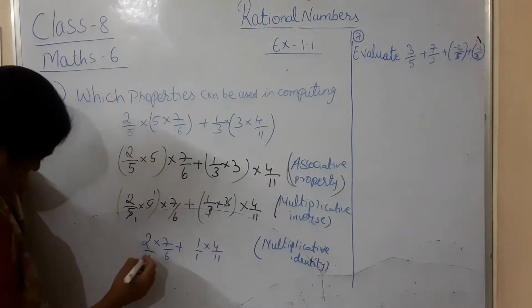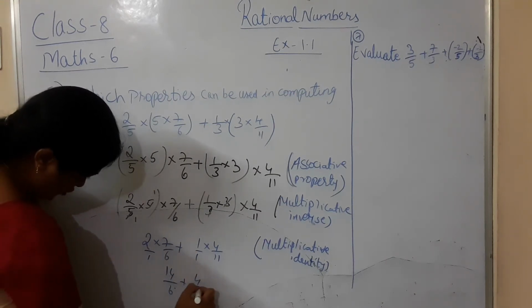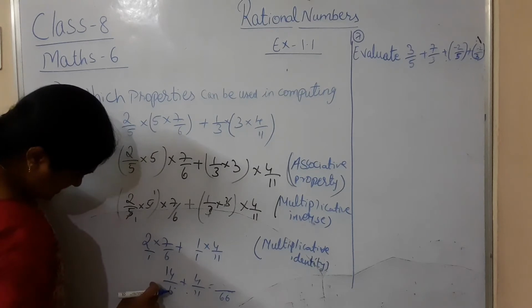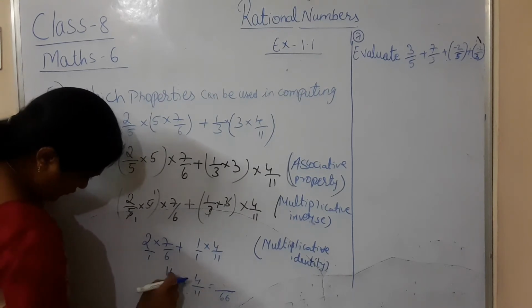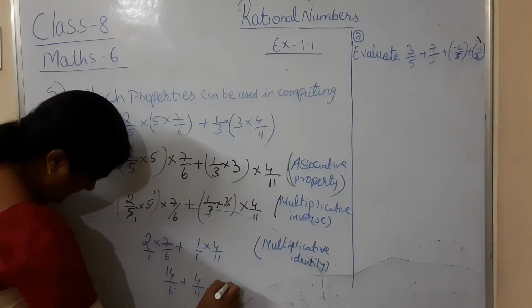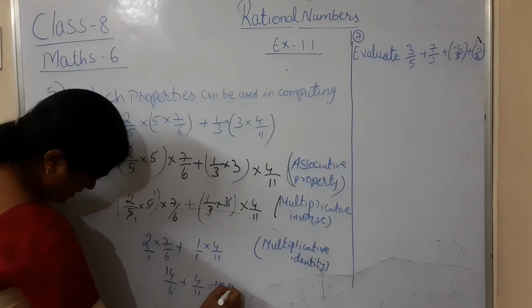That is the reason. 7 2s are 14, 1 6 is 6, plus 1 4 is 4, 1 11 is 11. Now take LCM, you will get 66 as LCM. Now 6 how many times? 11 times. 11 4s are 44, plus 11 how many times? 6 times. 6 4s are 24.